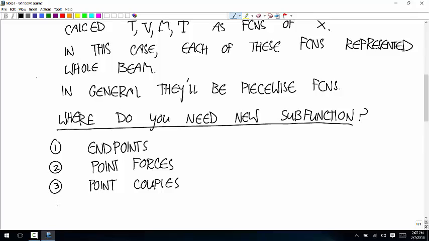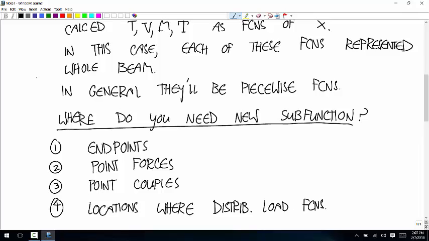And fourth, where distributed load functions change. We haven't done distributed loads yet, but we will. So locations where the distributed loads or distributed load functions change.